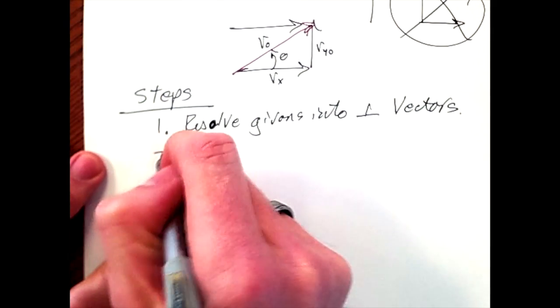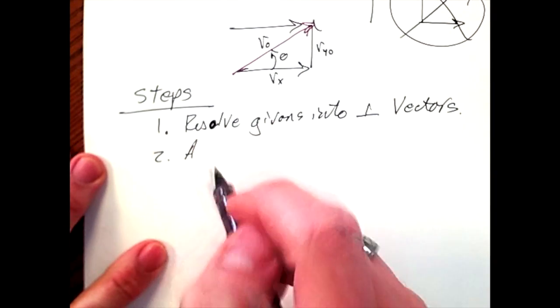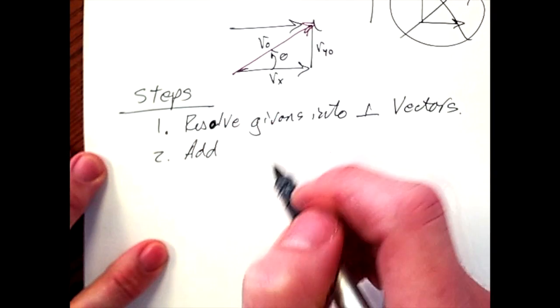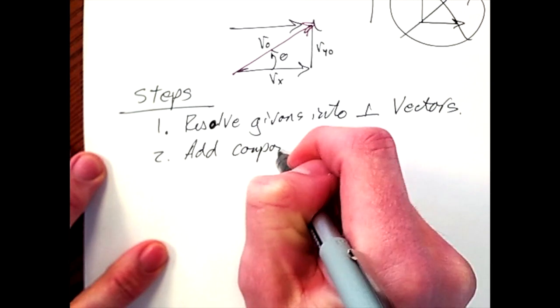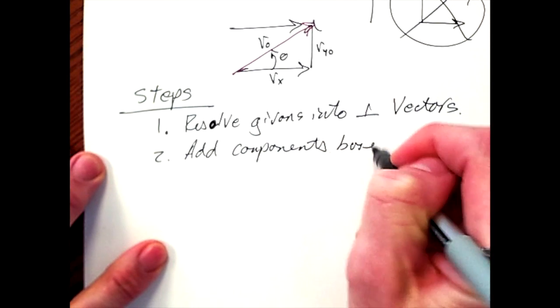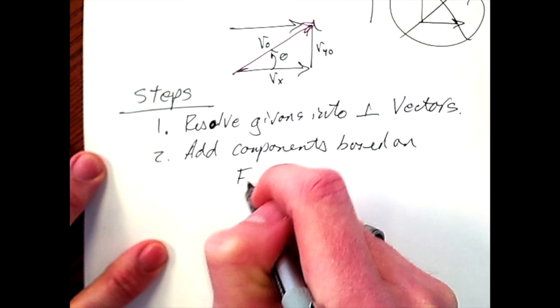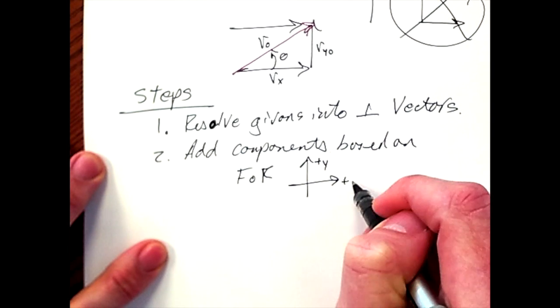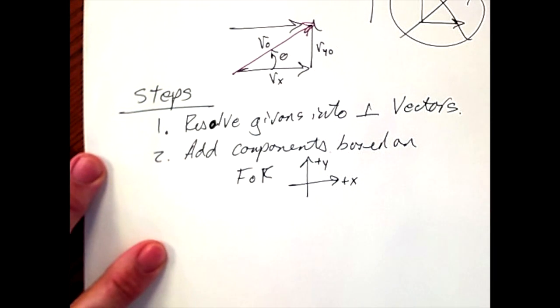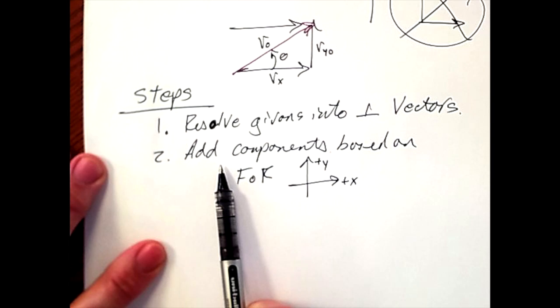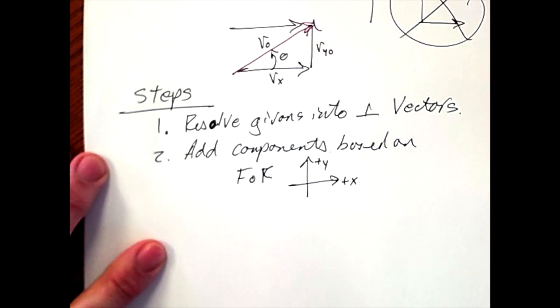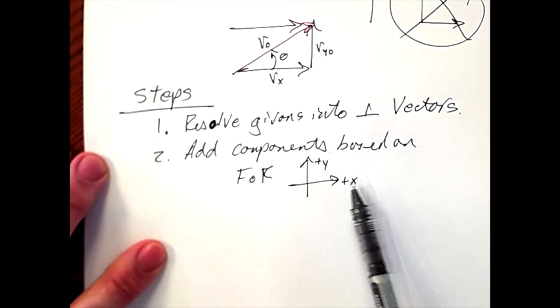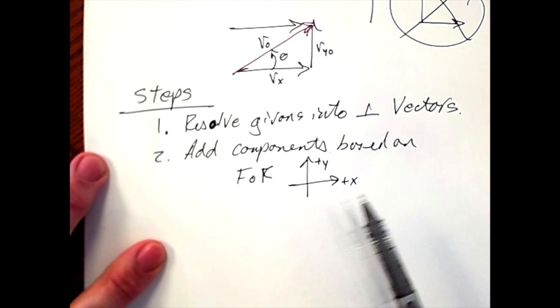Second step then is to add the components based on that frame of reference, where we're actually going to use our positives and negatives. The key to this step is recognizing that what we're working on then becomes linearized, because we only care about just the y components and we only care about just the x components when we're defining positives and negatives.